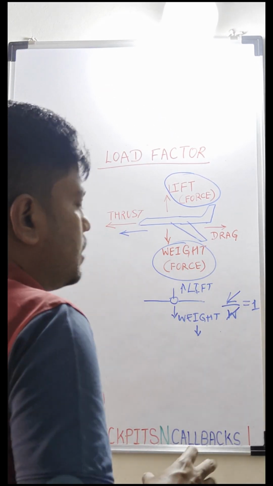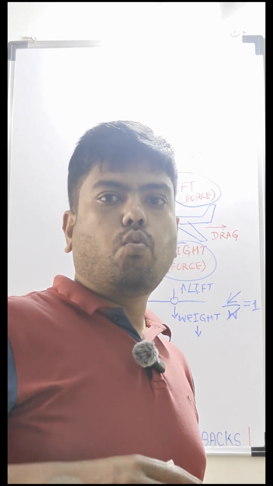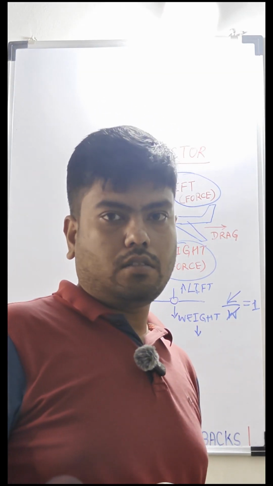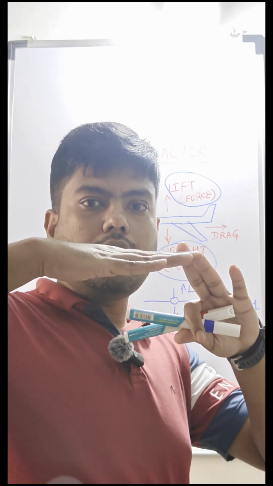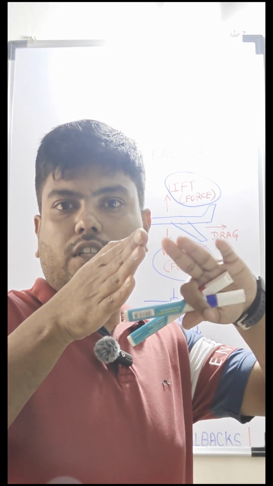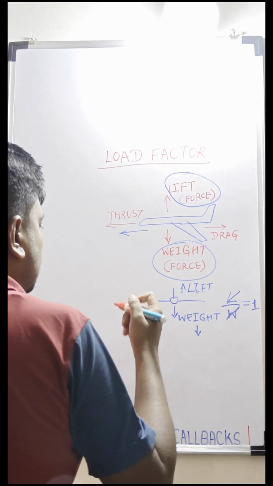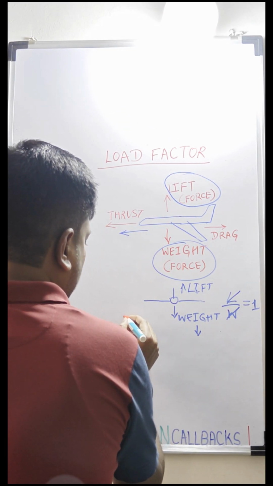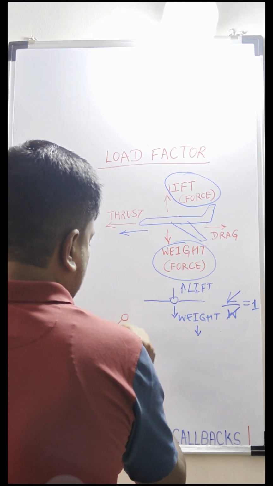Now after this there is another important thing. This was about straight and level. What if the aircraft is banking? The aircraft was flying straight and then it started turning and it has made an angle with the horizon. What happens in that case? Let's say this is another aircraft of mine, and now it has started banking.